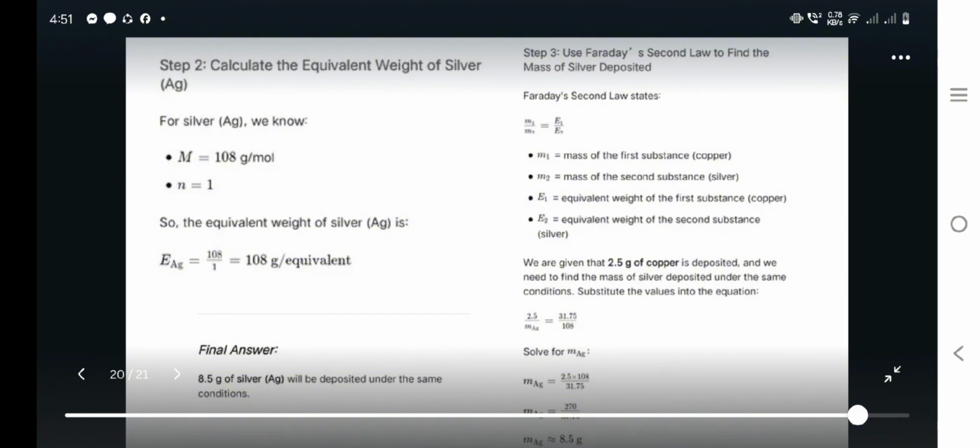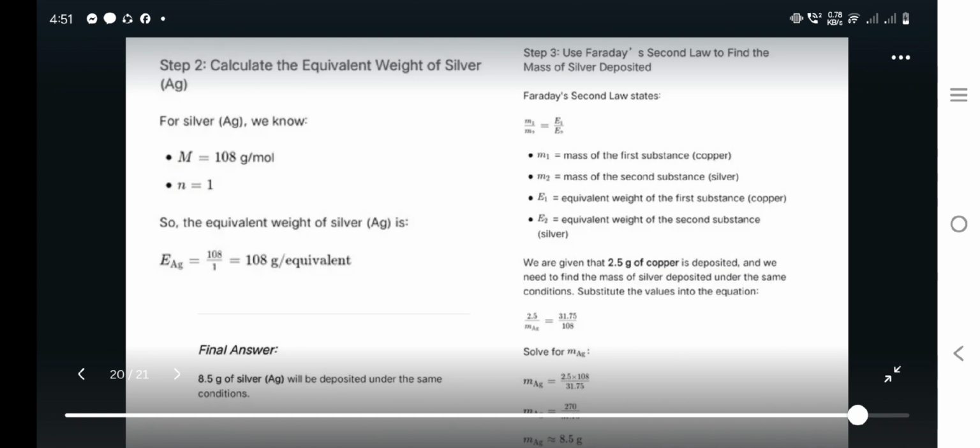So step 3 is use the Faraday's second law to find the mass of silver deposited. So gaya nga nung sinabi ko kanina, the formula of Faraday's second law states M1 over M2 equals E1 over E2. So the M1 and the M2 are the mass of the first substance and the second substance, the first substance is the copper and the second substance is the silver.